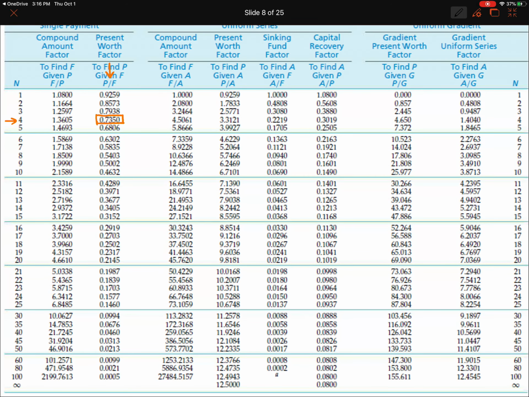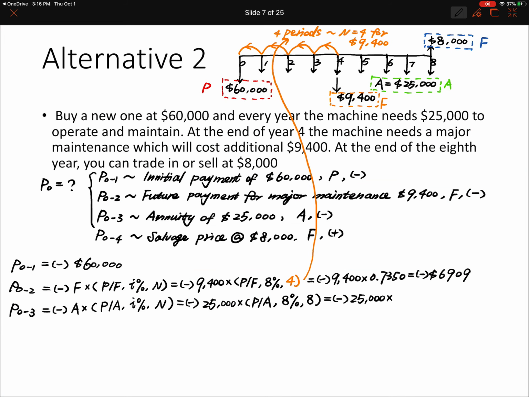So go check the table. Now you're looking at the column of P/A, right? To find the P given A. So that's the column. And N is 8. So here is the factor.